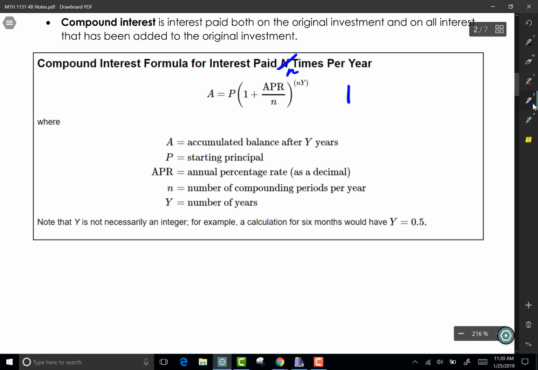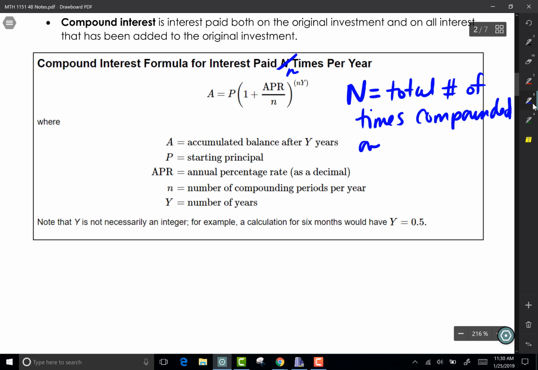When we talk about big N, that is the total number of times compounded over the entire loan period.